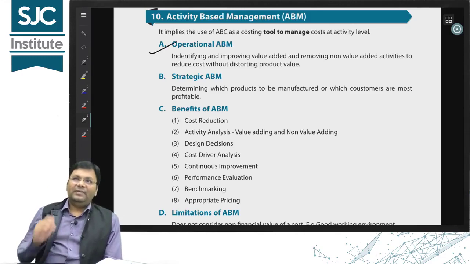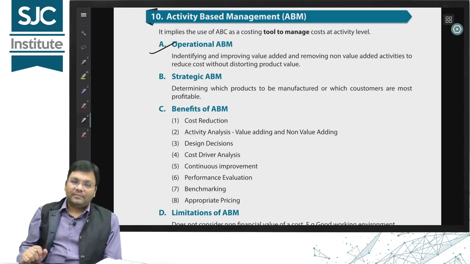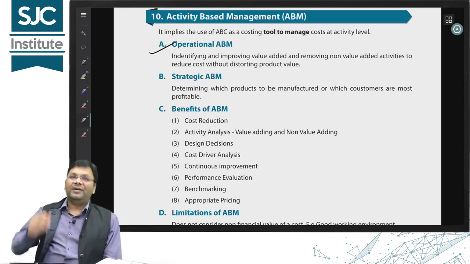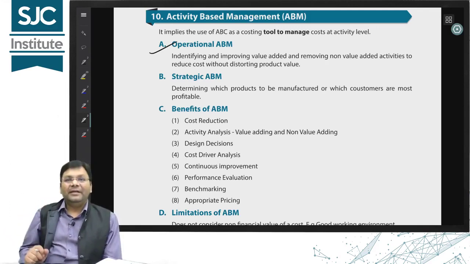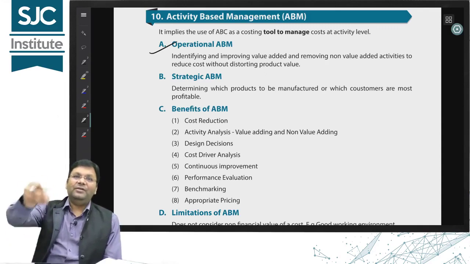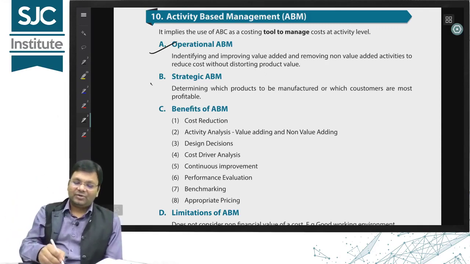Secondly, we can always think of making a new kind of product, a new different product, which by its nature will consume fewer activities and will be produced in the least number of steps. So if you are planning to have a product designed in a manner that by nature has the least number of activities, or only value adding activities, then it is strategic ABM.